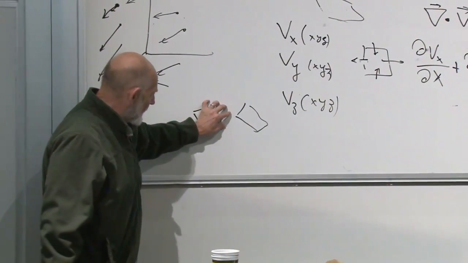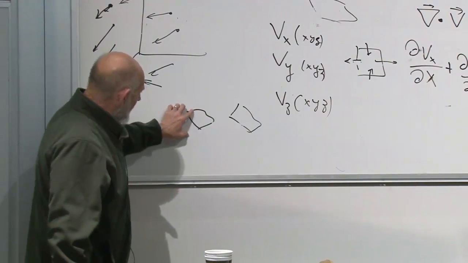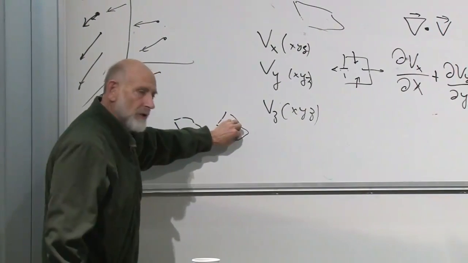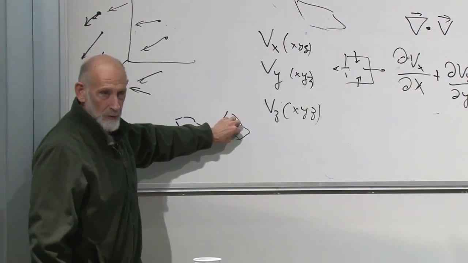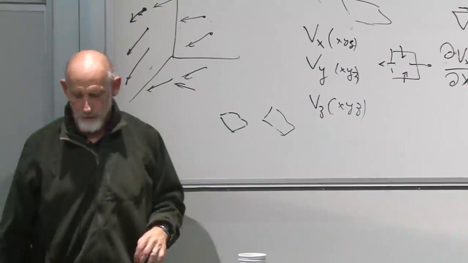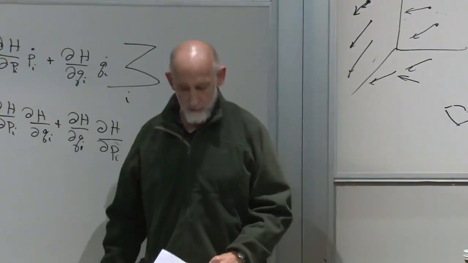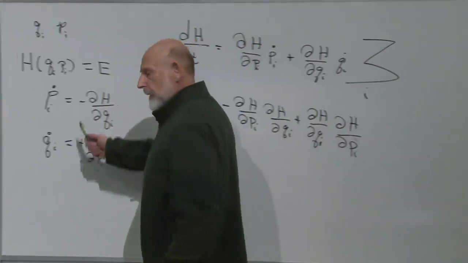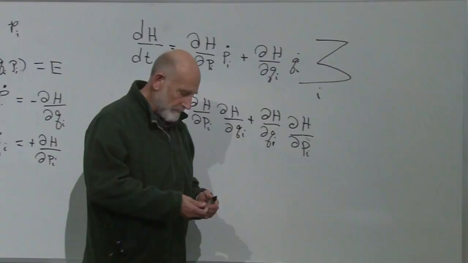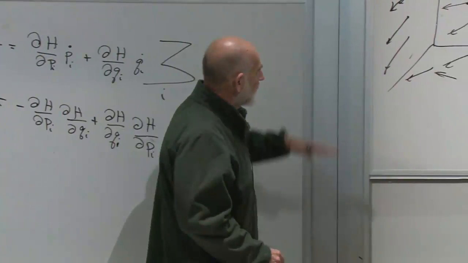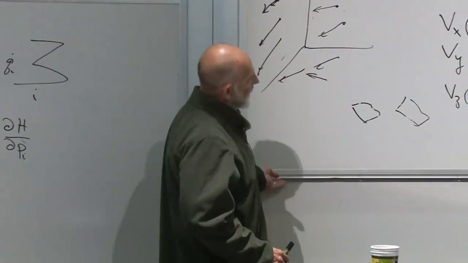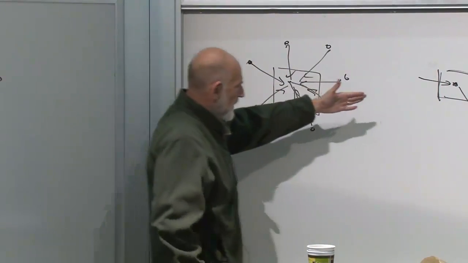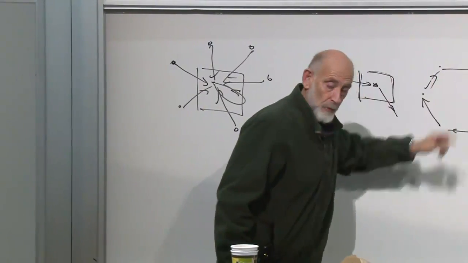Or does it get squinched up so that things which were clearly distinguishable and different from each other get squished into a smaller region where they can be less distinguished? That's the question. So what I'm going to show you now is Liouville's theorem. Liouville's theorem says that the flow in phase space is incompressible. It's the closest analog that we have to this idea that as many points come in as go out at every point here.